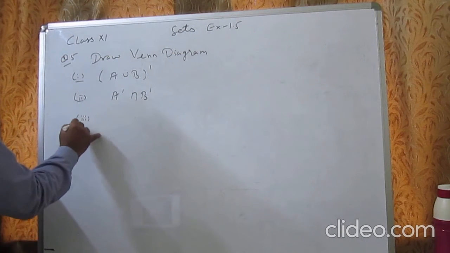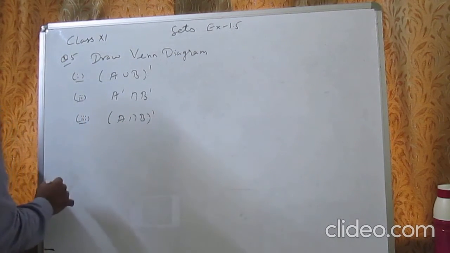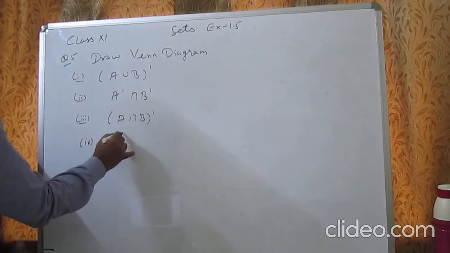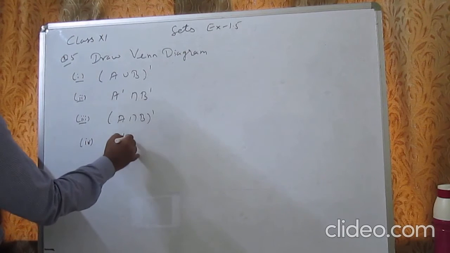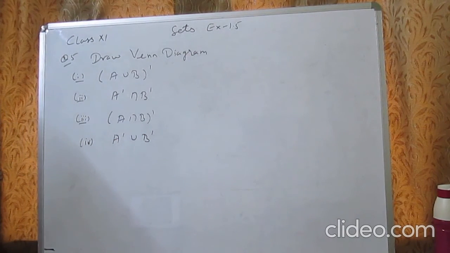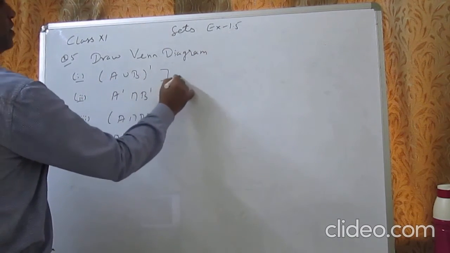Third, A intersection B complement. Fourth, A union B complement. We know that the diagram of these two is the same.